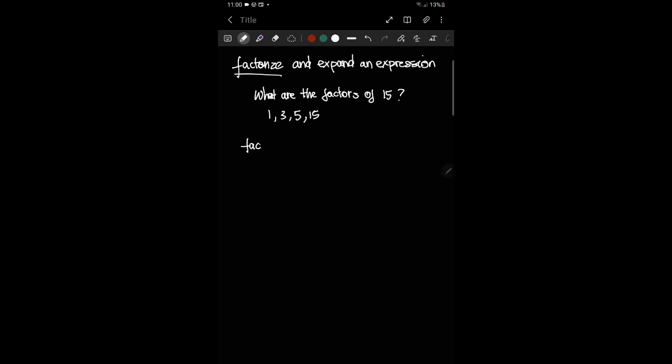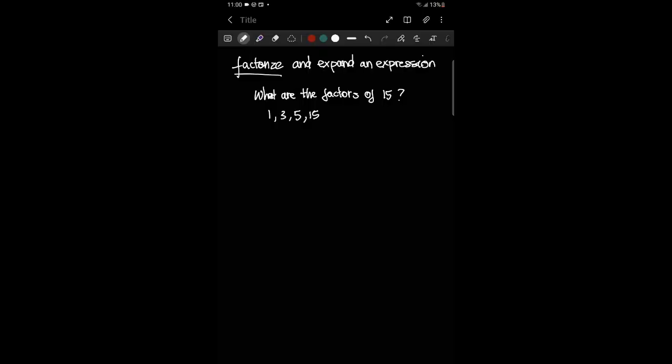So you're trying to find a number that can divide 15 perfectly. 15 can be divided by 1, 15 can be divided by 3, 15 can be divided by 5, 15 can be divided by 15. That's the factor.